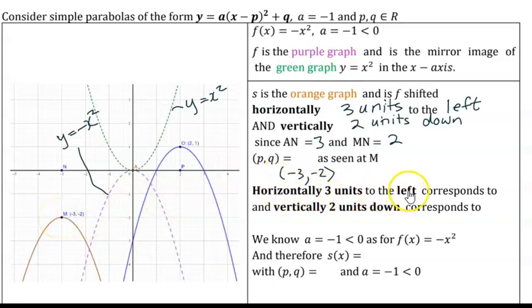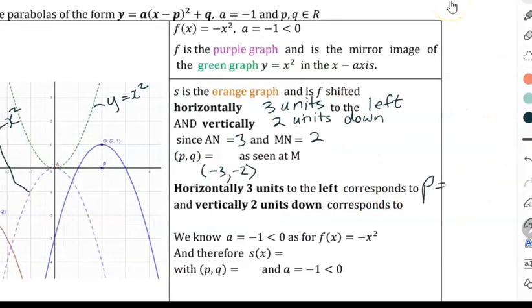Horizontally, 3 units to the left corresponds to P equal to negative 3, which is less than 0. And vertically, 2 units down corresponds to Q equal to minus 2, which is also negative.